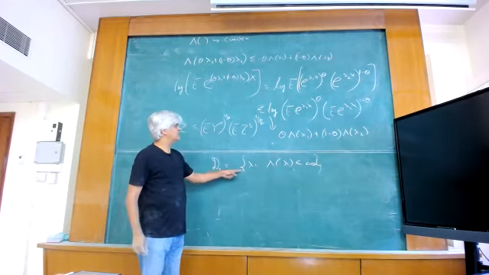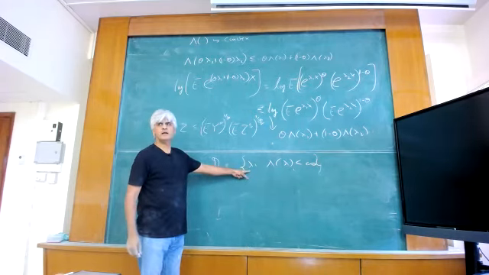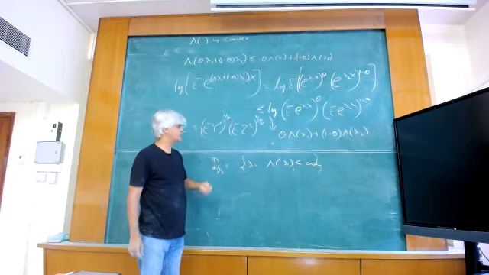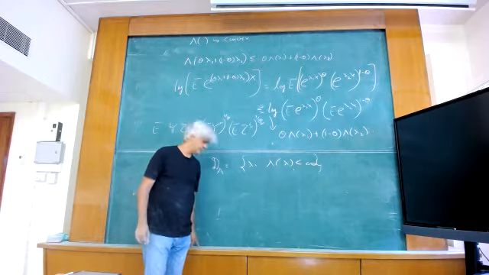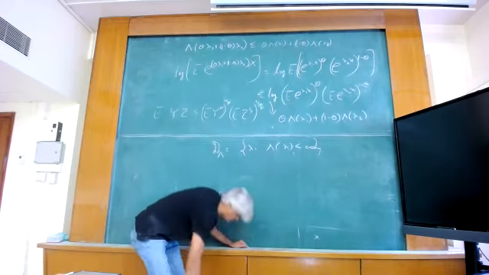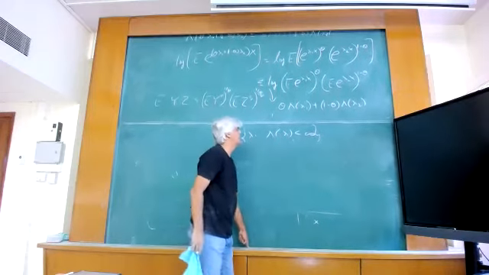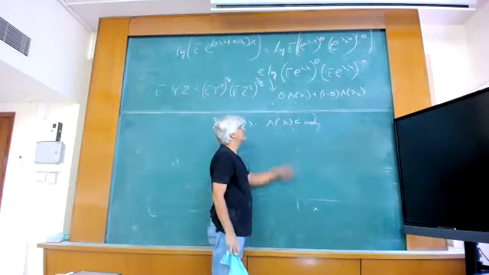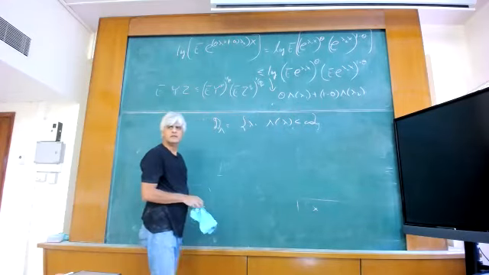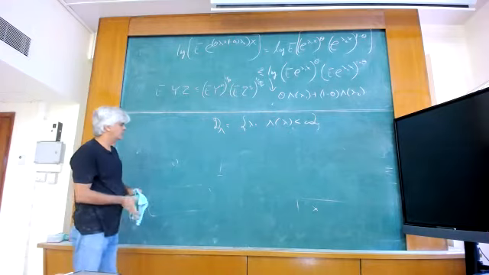I take lambda 1 and lambda 2 in this domain, and this follows, so I get convexity in the complete domain. Both these terms are finite, so there's nothing to worry about.